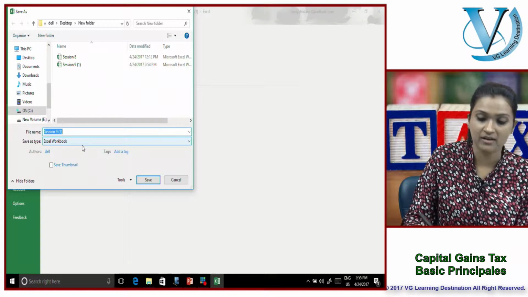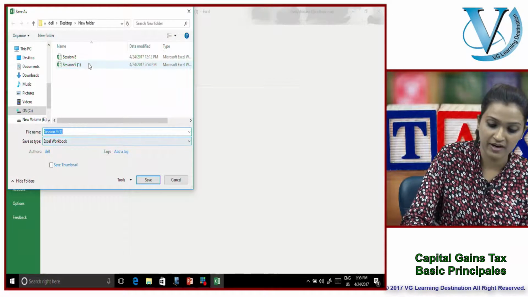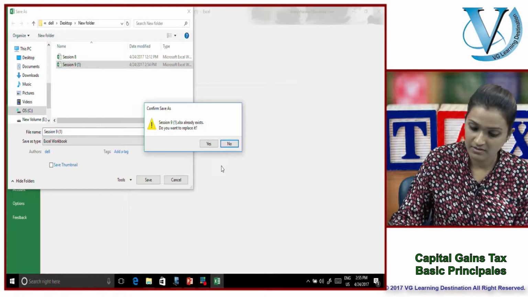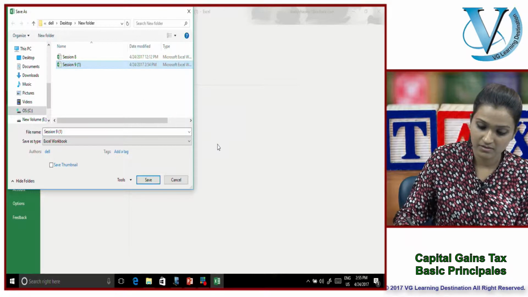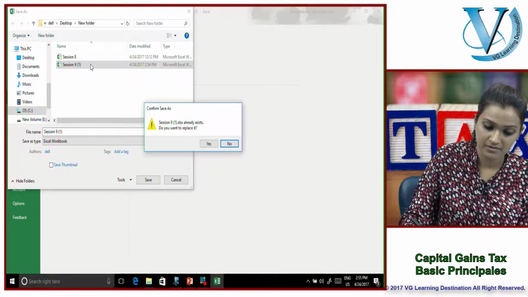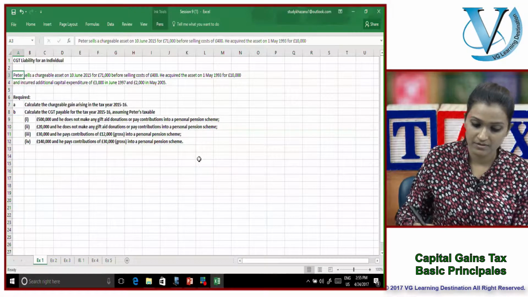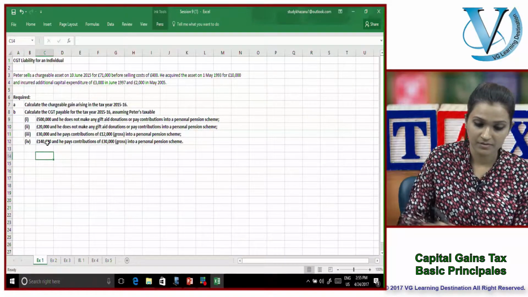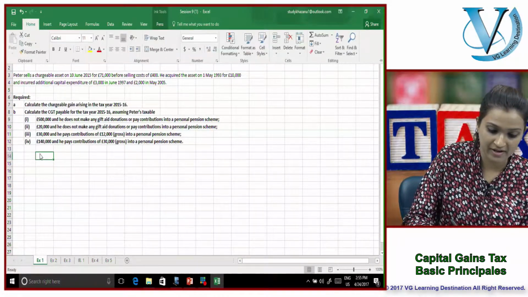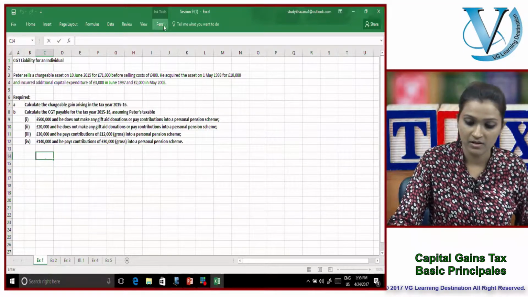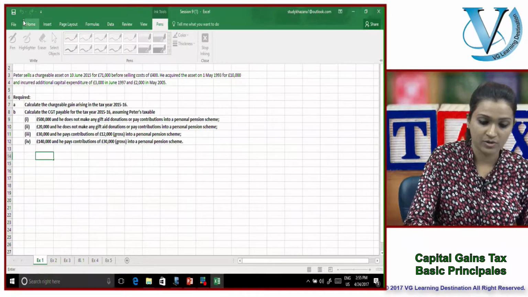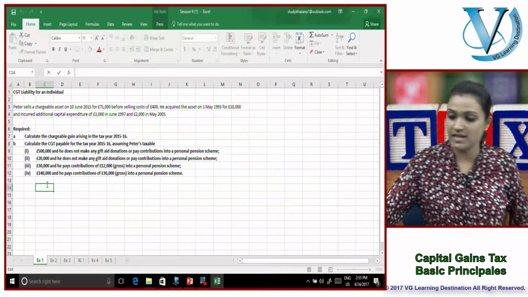So let me just check why I'm not able to edit my file. Right, so looks like finally I'm now able to write something. So at least typing is now okay, fine.